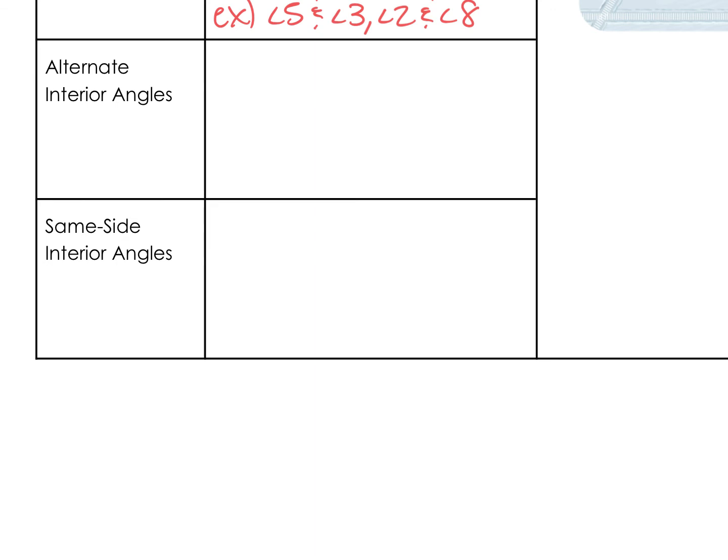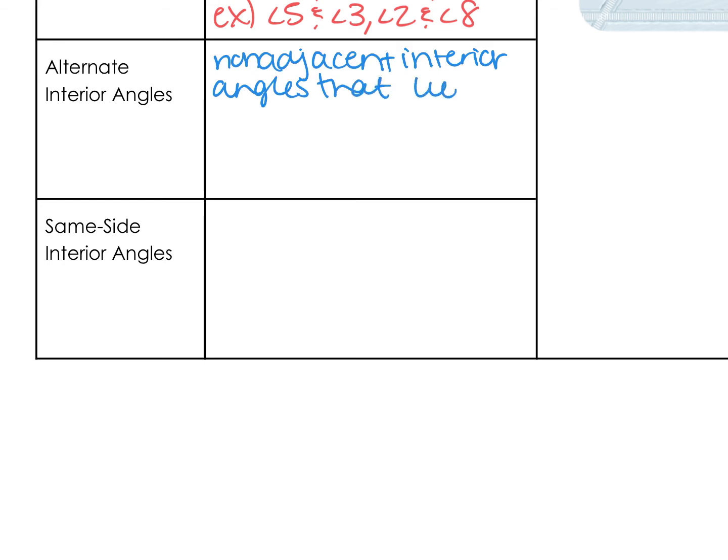Alternate interior angles are exactly the opposite of what we just did, except they are still non-adjacent angles on opposite sides of the transversal.